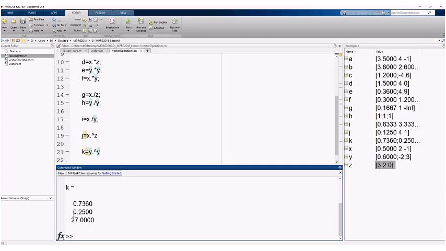Then 0.25 is the second element of y to the power of second element of y, which is minus 2 to the power of minus 2, which is 1 over 4, which is 0.25.